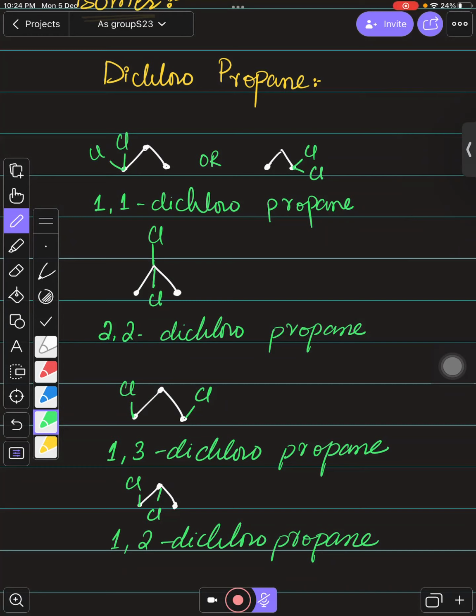So the very important thing over here is this: positional isomers are very easy. The problem is optical isomers. Any one of the molecules can show optical isomers, but for optical isomers it's very important that a carbon should be a chiral center, right? What is a chiral center?